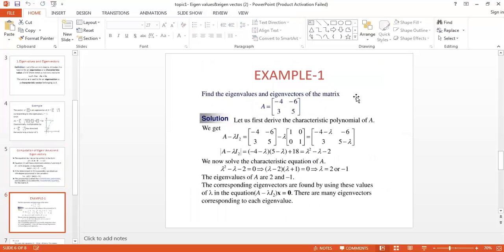Now we see one problem. Find the eigenvalues and eigenvectors of the matrix A equal to [-4, -6; 3, 5]. So this is our matrix.